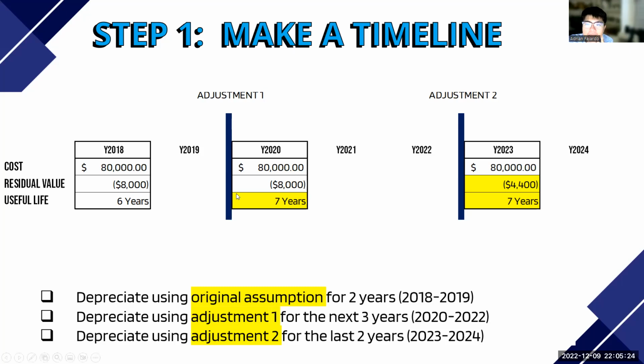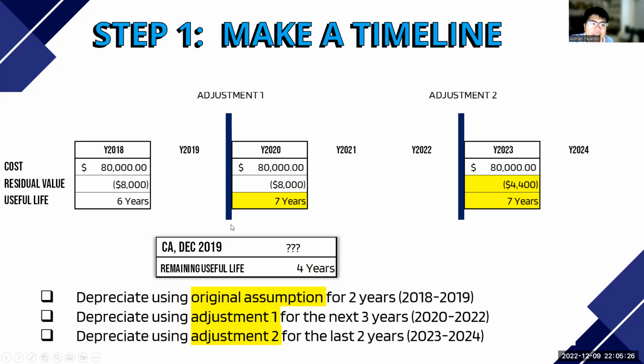And then, dahil may change in estimate, every time may change in estimate, we need to find out ano yung carrying amount nung December 2019 kasi ito yung ipa-plug in natin to the cost. And then, we know that the remaining useful life is 5 years. Why 5 years? Initially 4 years because 6 years minus 2 years. Pero now, how many more years from 2020? 1, 2, 3, 4, 5.